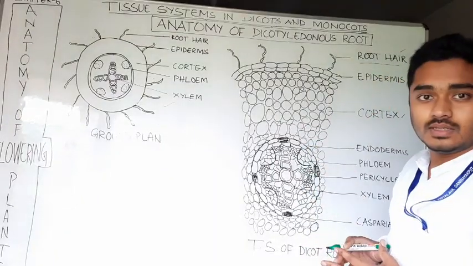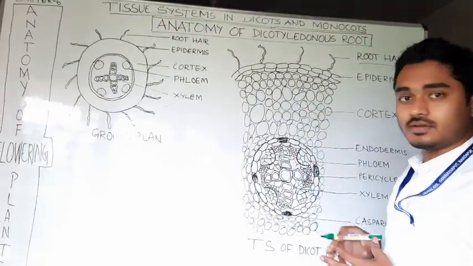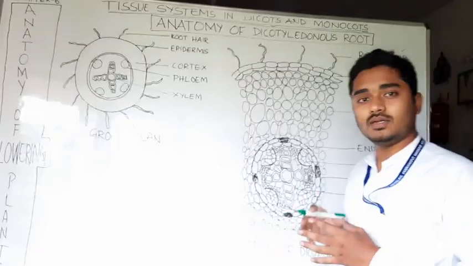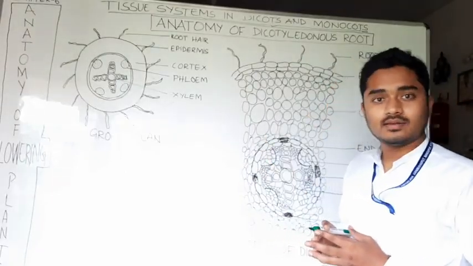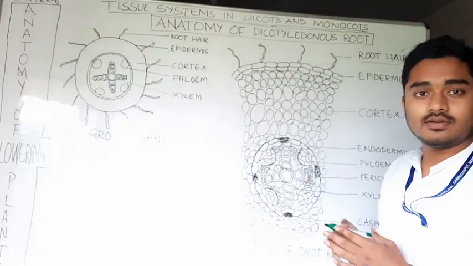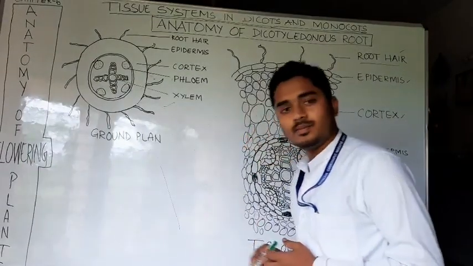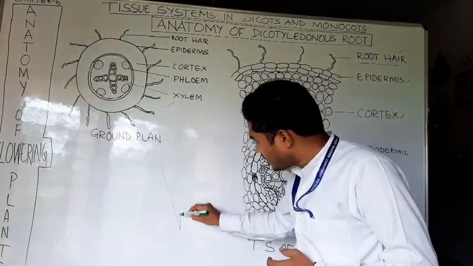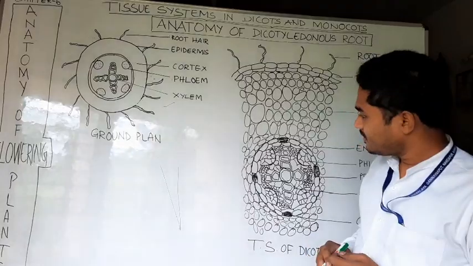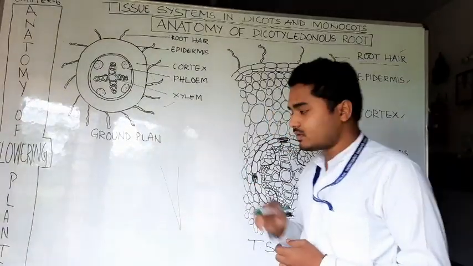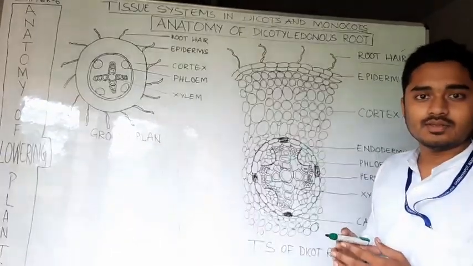In order to study the tissue systems in a dicot root, we first need to take a transverse section of a root. As we have studied in morphology classes, this is the root. How can we take a transverse section?